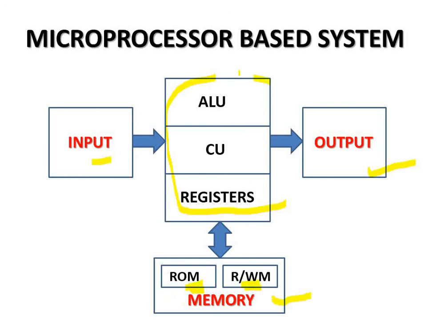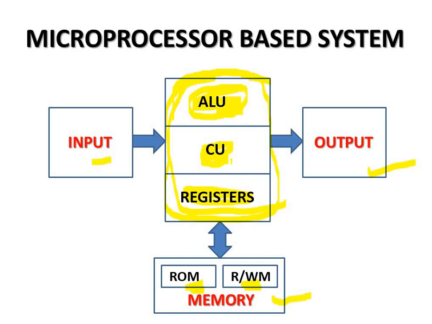Now in the next lecture we will study the internal building blocks of any processor. This is the ALU, the arithmetic and logic unit, which we will discuss. This is the control unit, and this is the register part. So many registers are there.